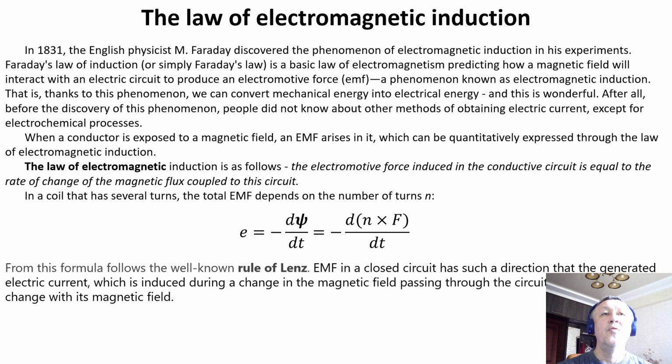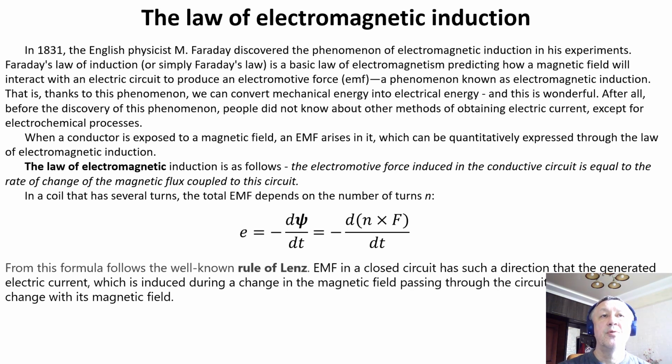The law of electromagnetic induction is as follows. The electromotive force induced in the conductive circuit is equal to the rate of change of the magnetic flux coupled to this circuit.